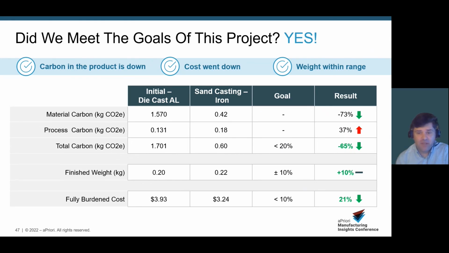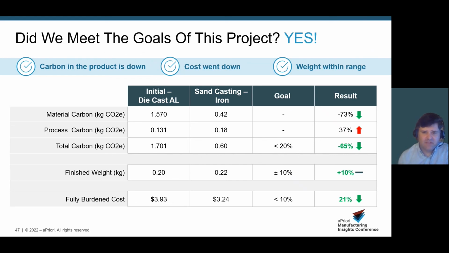Was I able to meet my weight targets? Well, my weight was plus 10%, which falls within those guidelines and the specifications we had of keeping the weight roughly the same. But finally, I guess the proof's always in the pudding when you're coming at costs. Were we able to hit our cost targets? And it looks like yes, we were able to reduce our cost by 21%.